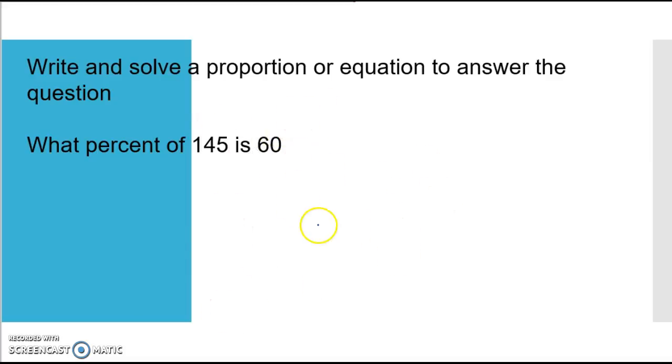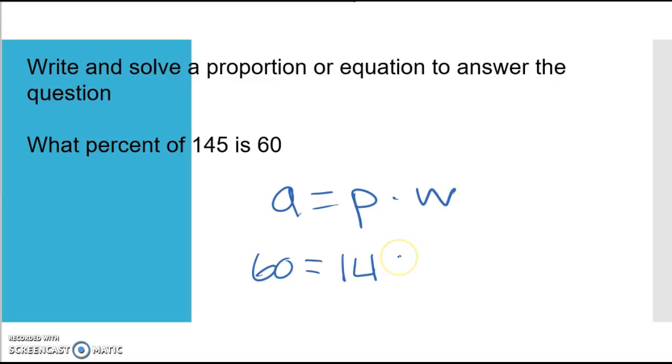I said I'm going to do these the equation way. So A equals P times W. 60 equals 145 P, because I'm looking for my percent. So now I'm going to divide.